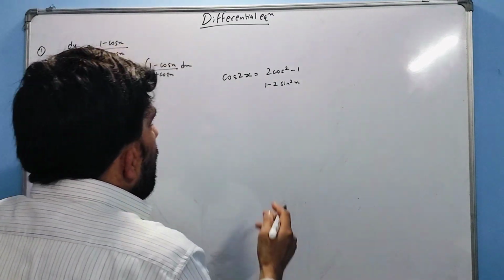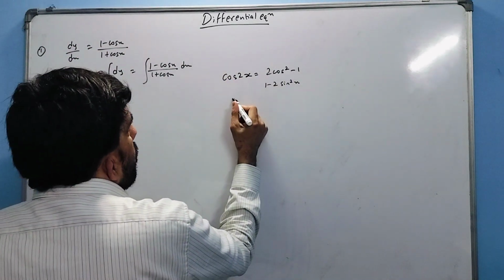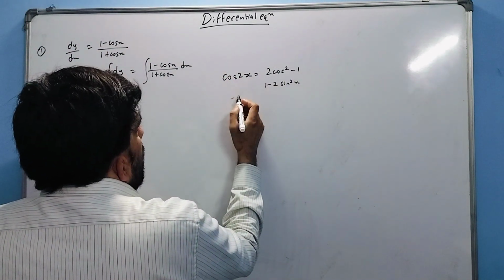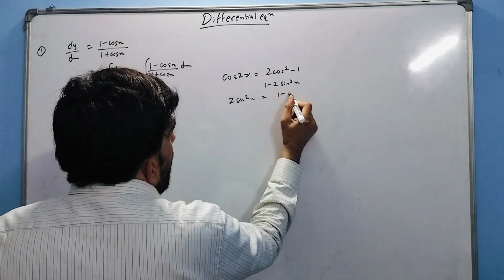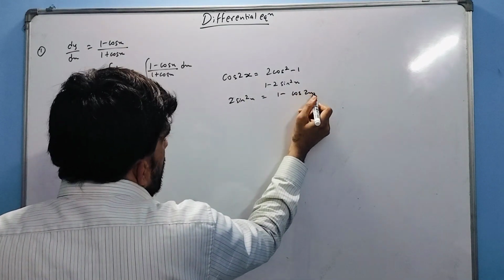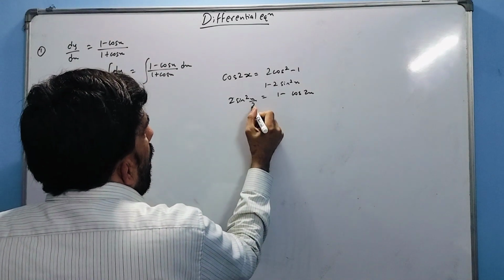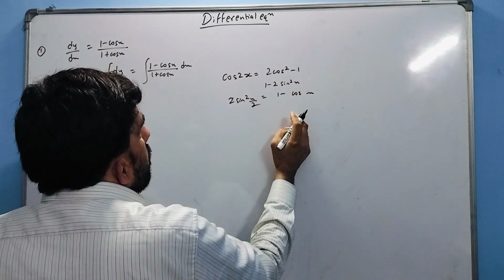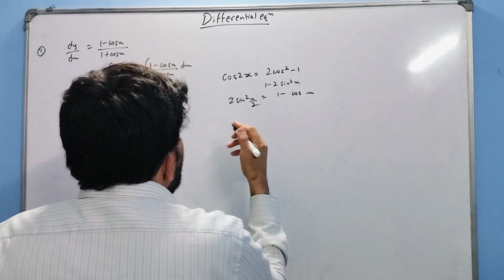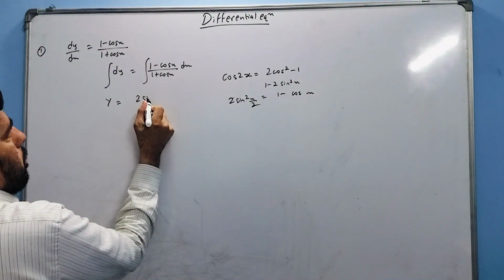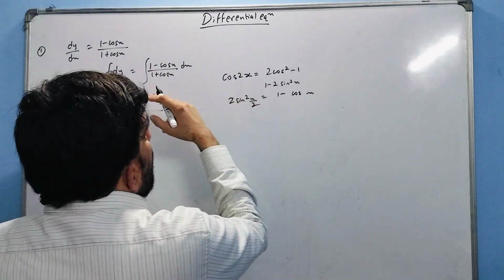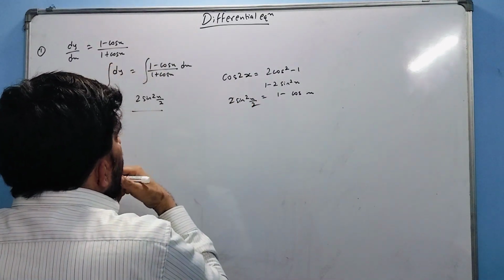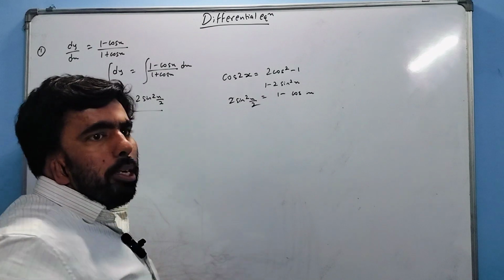Now if I take that side, I get 2 sin square x is equal to 1 minus cos 2x. If I divide by 2, I get here 1 minus cos x. So here I will put 2 sin square x by 2 upon 1 plus cos x in the denominator.